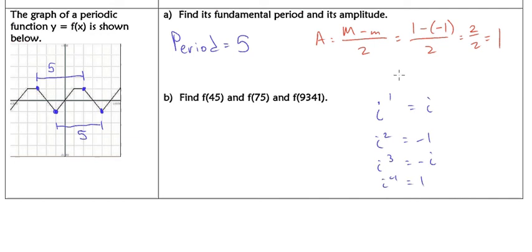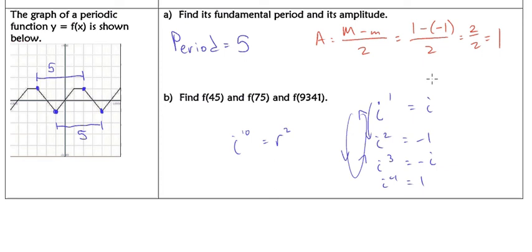And we could use this repeating pattern to figure out what we would have if we had something like i to the 10th. We would divide it by 4 because there was 4 as our period, if you will, and we just took the remainder. So divided by 4, which gave us 2 times 4 is 8, leaving us with a remainder of 2. And so then we went to the second part of the cycle. And so i to the 10th really was i to the second, which was -1.